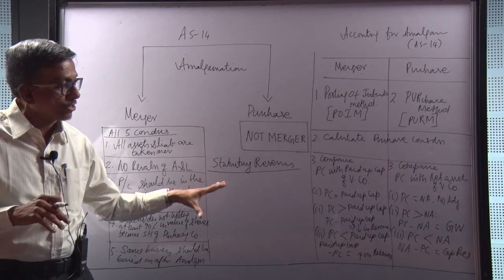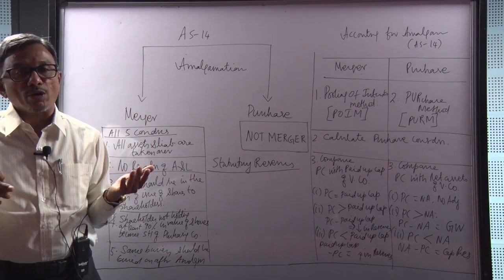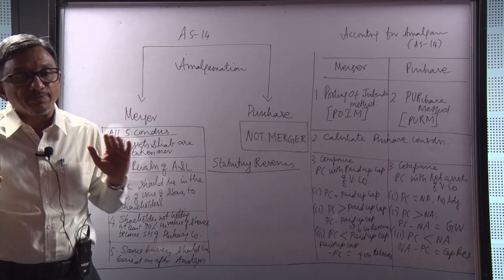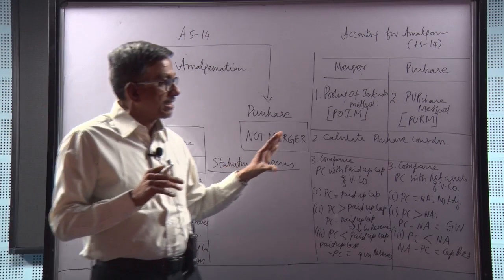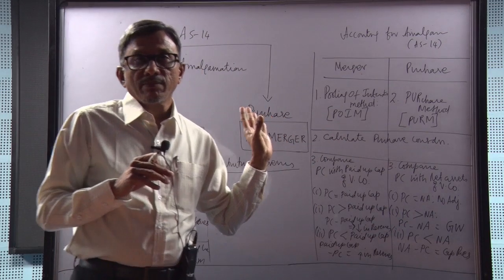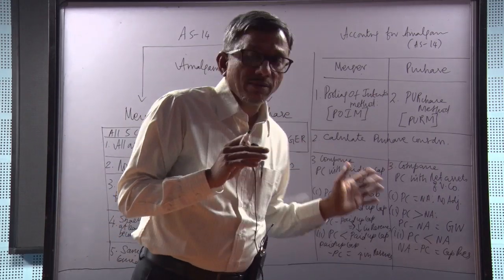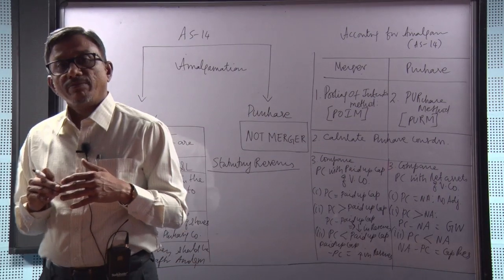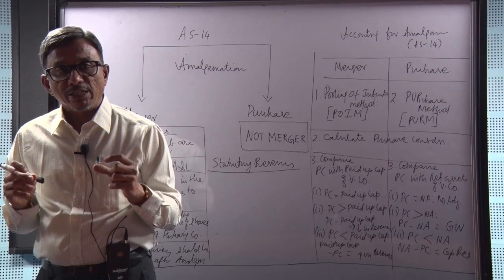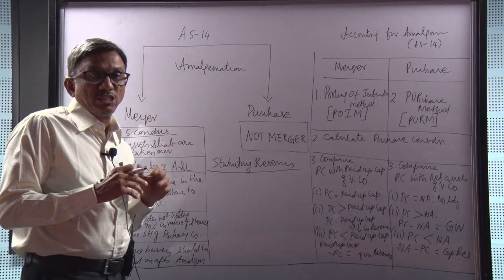Other than statutory reserves, no other reserves of the vendor company should be brought into the books of the purchasing company. The difference between consideration, if any, will go to capital reserve or goodwill, that's all. No other reserves will be taken over in the books of the purchasing company. But if there are any statutory reserves, that will be taken over in the books of the purchasing company.